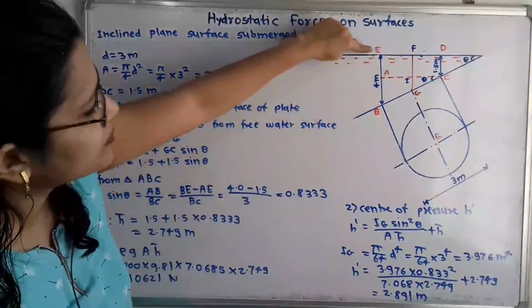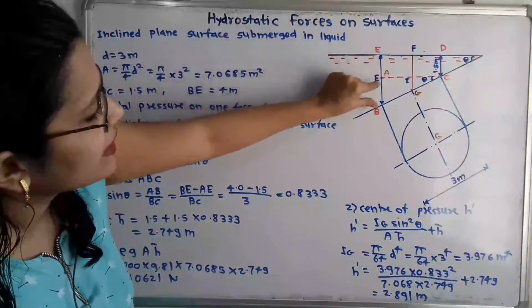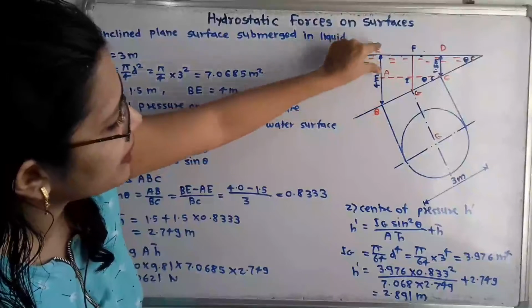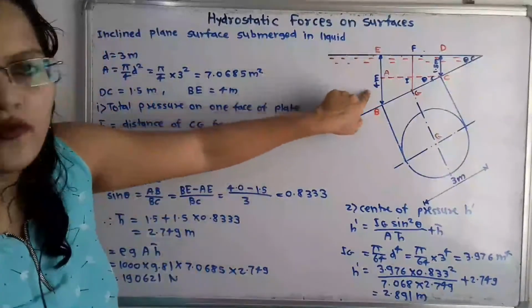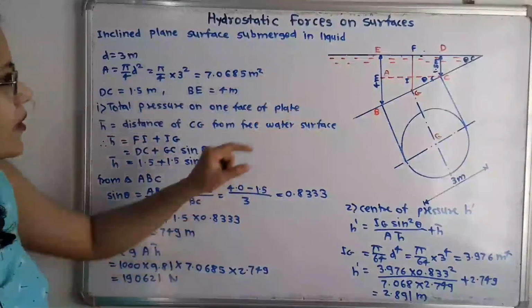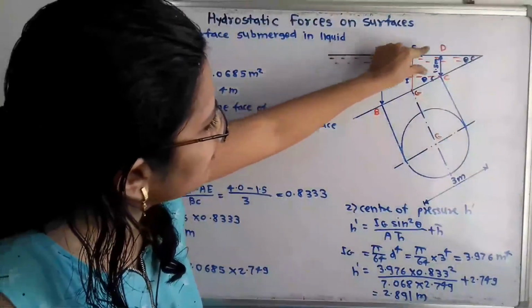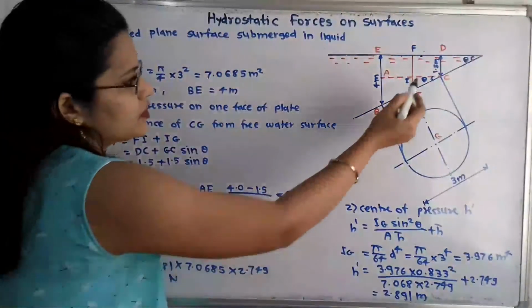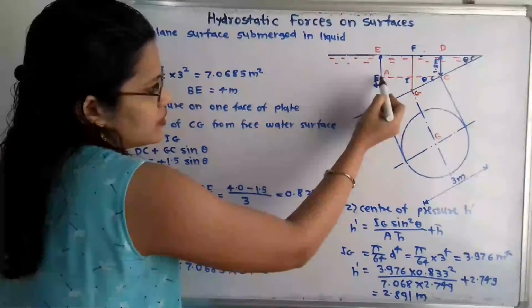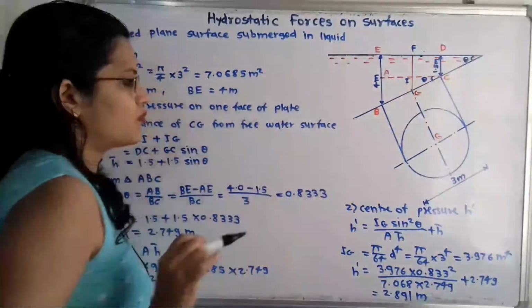Now if we observe this line EB, then we can say that AB is equal to EB minus EA. So EB is equal to 4 meter, that is given. Now what about EA? This EA is equal to line DC, because from this point C there is the horizontal line, and the point of intersection is A, that is equal to 1.5.